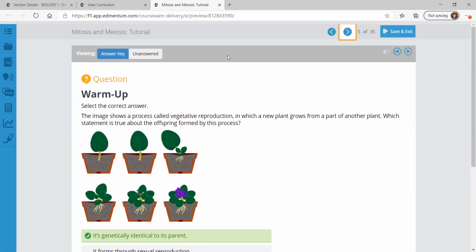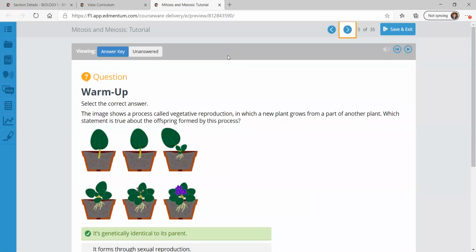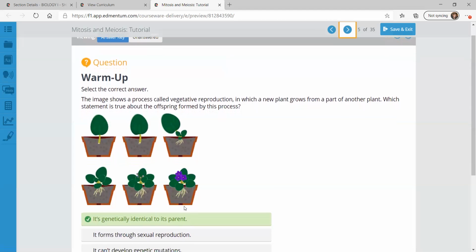All right, so the image shows a process called vegetative reproduction, in which a new plant grows from a part of another plant. Which statement is true about the offspring formed by this process? So we start out with this plant, and then we wind up with something else.